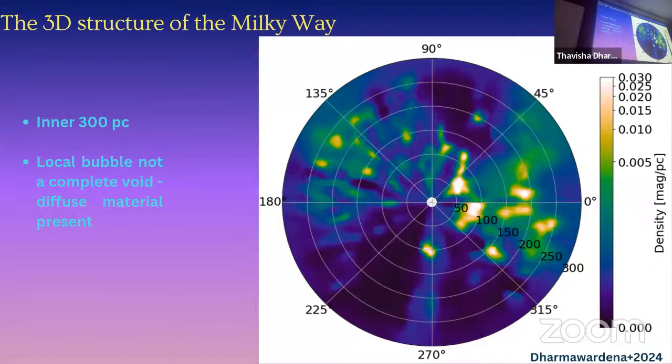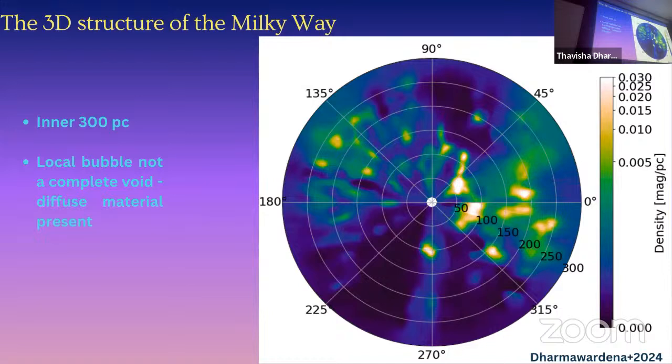And what we see with this, if we zoom into the inner 300 parsecs, again the Sun is in the middle, we mapped basically from 10 parsecs out to 2.8 kiloparsecs, just because we didn't expect anything to be inside the 10 parsec region. But what we see is there is this structure within what we define as the Local Bubble, so within like 100 parsecs.